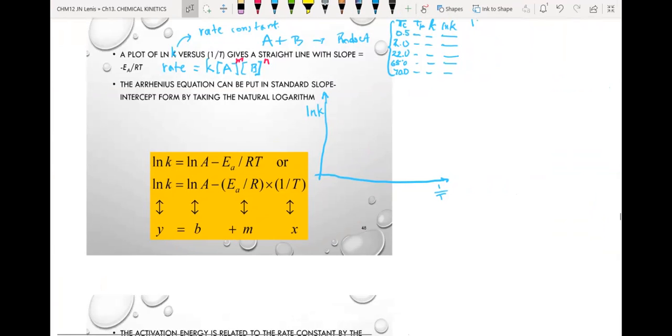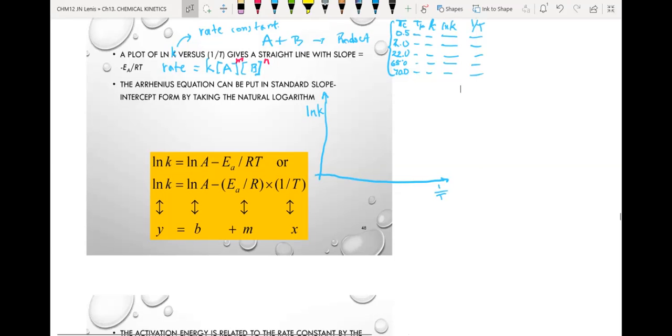One over absolute temperature. So you take this number here, Kelvin, do 1 over that temperature, and you get the number here. Then here, and so on and so forth. You do the same thing for every temperature. Now we have the data table, including natural log of K, the inverse of absolute temperature, and then you graph that here.